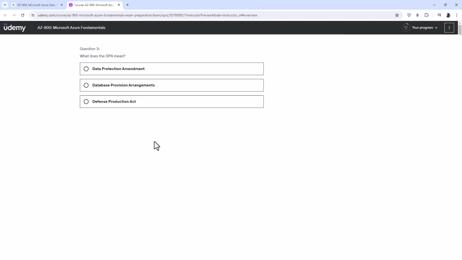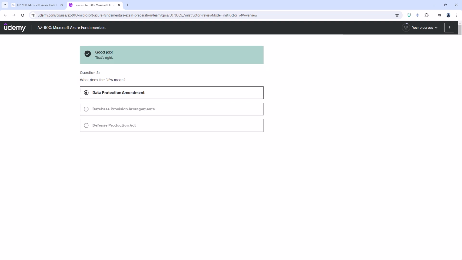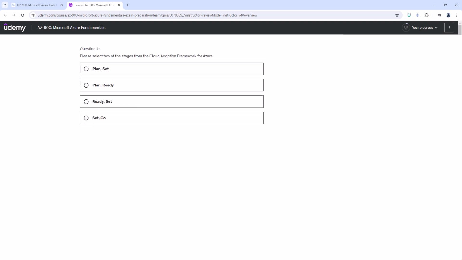Question 3. What does the DPA mean? Data Protection Amendment, Database Provision Arrangements, or Defense Production Act? Well, with Microsoft, it's the Data Protection Amendment. Question 4.